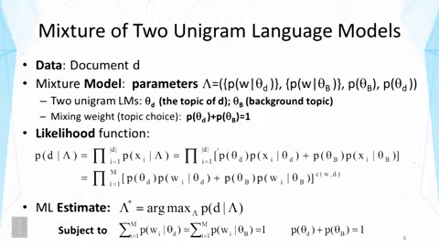So to summarize, we talked about the mixture of two Unigram language models. And the data we are considering here is still just one document. And the model is a mixture model with two components, two Unigram language models, specifically theta sub d, which is intended to denote the topic of document D, and theta sub b, which is representing a background topic that we can set to attract the common words, because common words will be assigned high probabilities in this model.